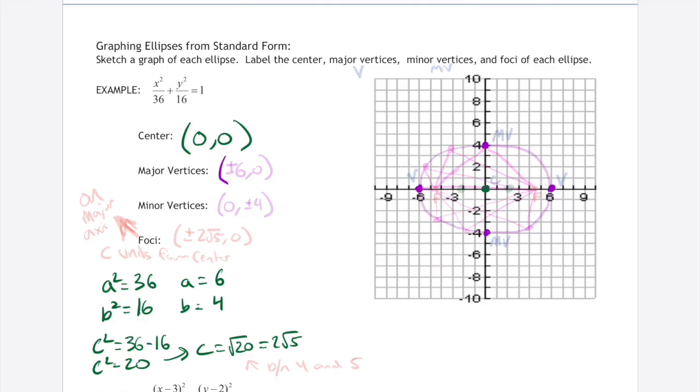And since it's 6 and negative 6, you can go ahead and put plus or minus 6 comma 0 if you'd like. Minor vertices, we could do 0 comma plus or minus 4. Okay, then the foci. And actually, we've got our ellipse now, so you can kind of try to draw it.